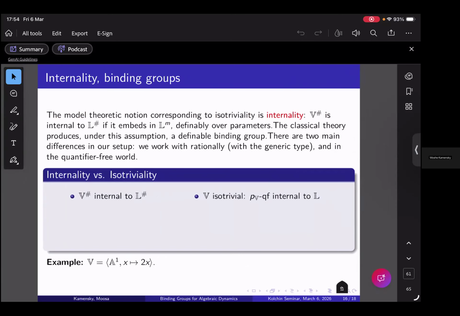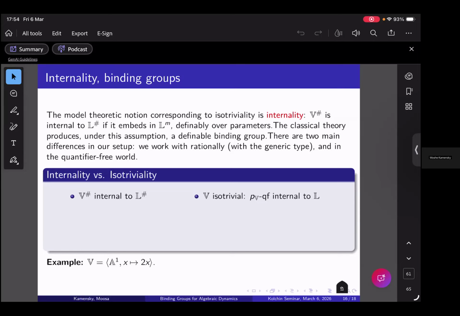Okay, so internality, as I said, is replaced by isotriviality, and here it's a more strict condition because I require, okay, first of all, it's weaker because I only talk about the generic type of V. But on the other hand, I require that the internality is given by a quantifier-free formula, not just quantifier-free, but rational.